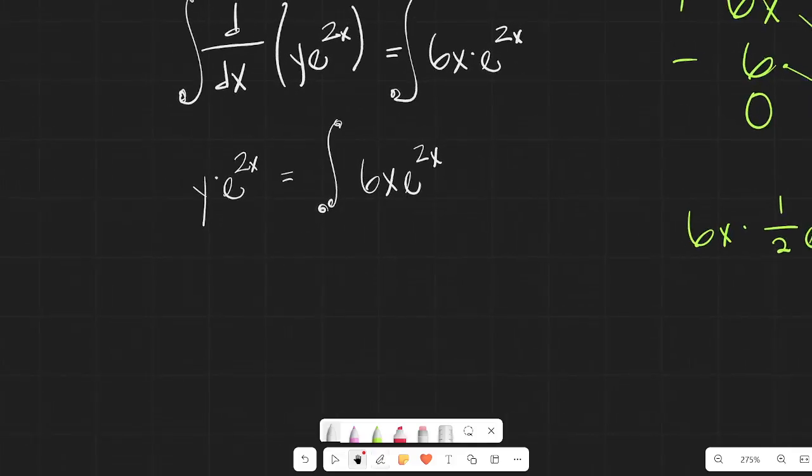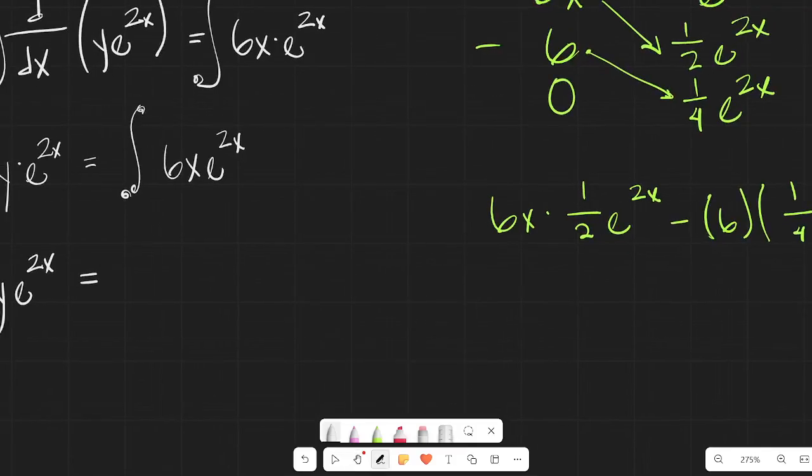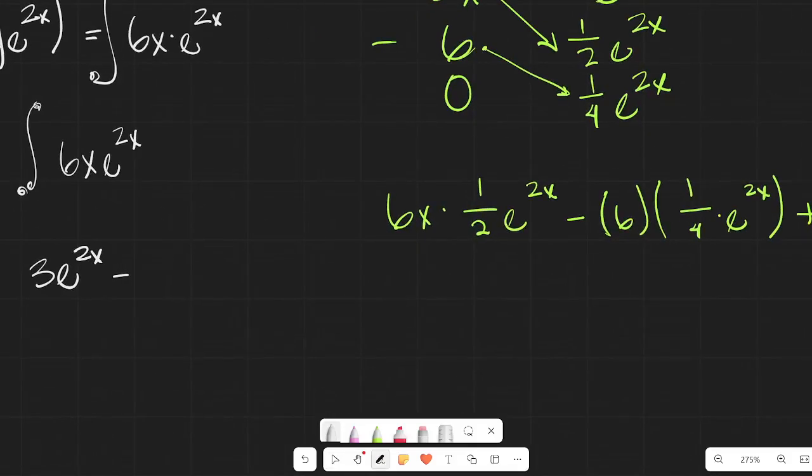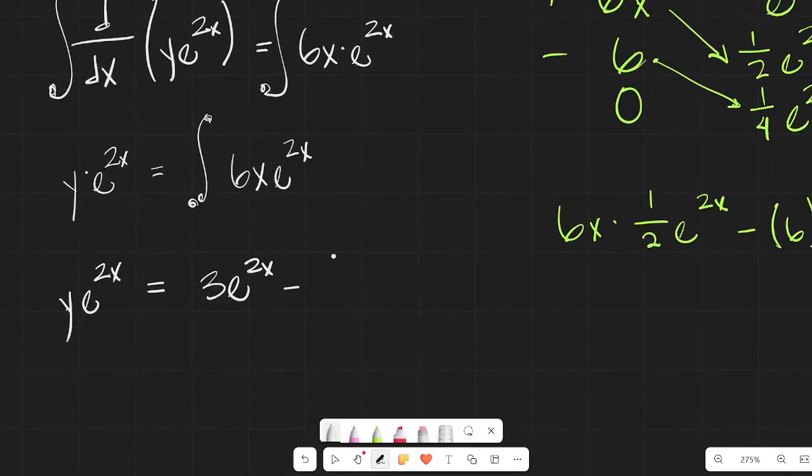Now I can rewrite the equation, plugging in our evaluated integral. So we have, looks like 3 e to the 2x minus 3/2 e to the 2x.